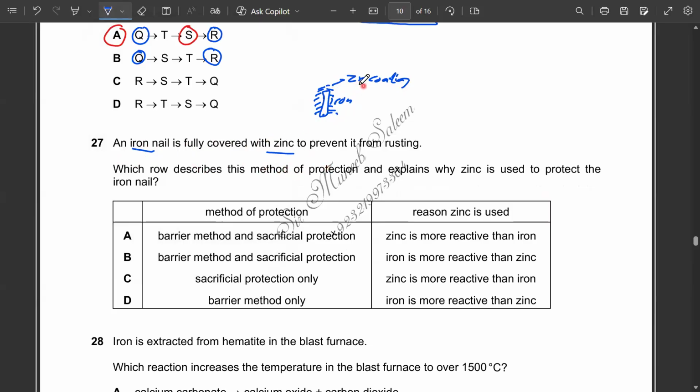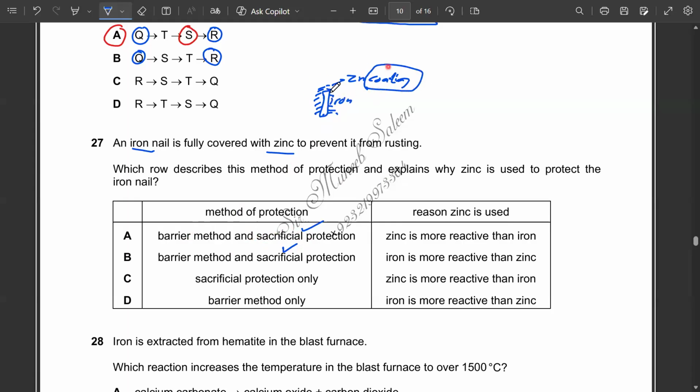Why, if we are allowing zinc to be coated on the iron, we are basically protecting the iron. So in this case, it is basically the sacrificial protection of the iron, and at the same time we are putting a coating of zinc on the iron.